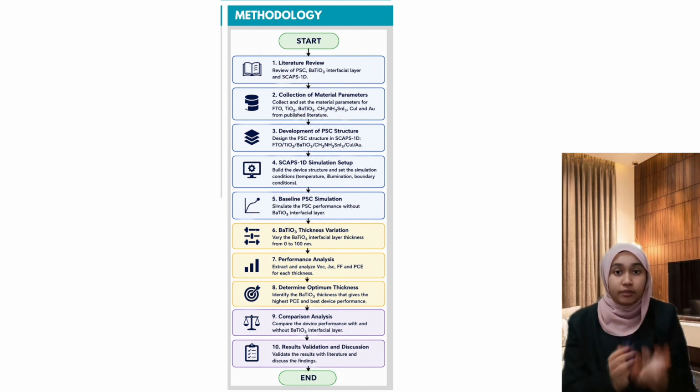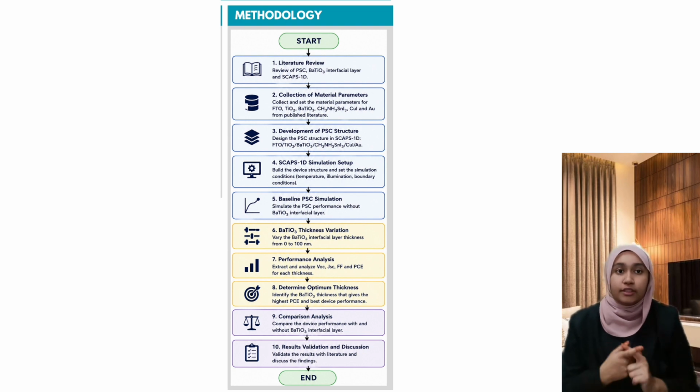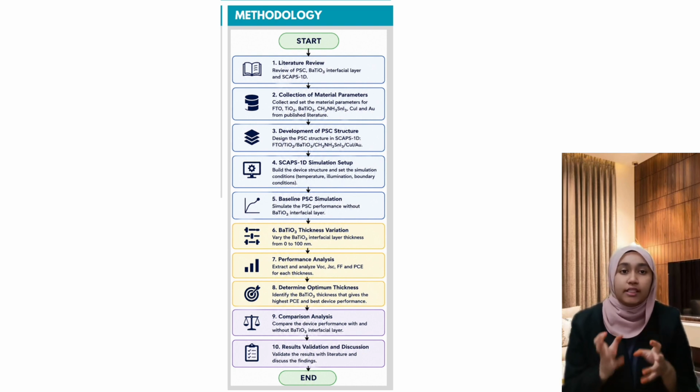For the barium titanate, the thickness was varied from 1 nanometer to 100 nanometer. For each thickness value, the photovoltaic parameters extracted were open circuit voltage (VOC), short circuit current density (JSC), fill factor (FF), and power conversion efficiency (PCE). These results were analyzed to determine the optimum thickness.